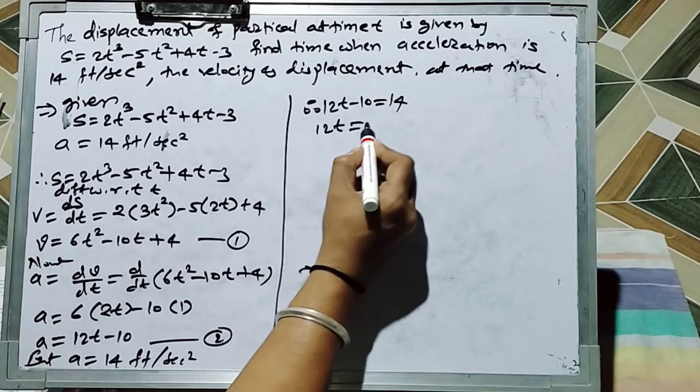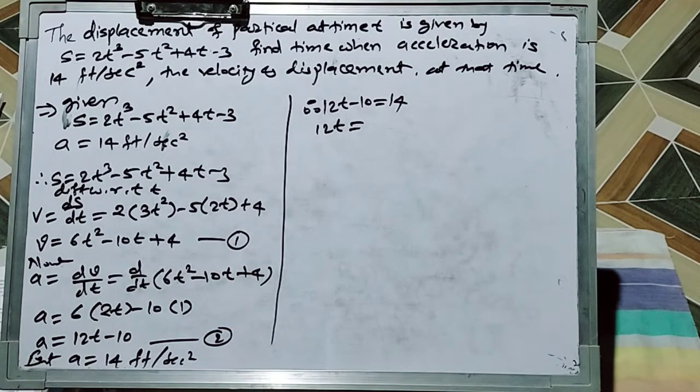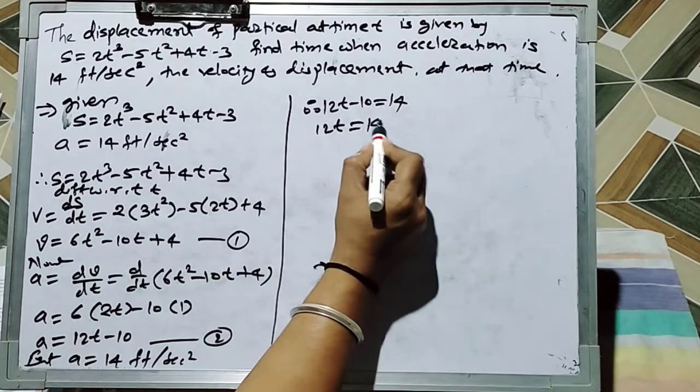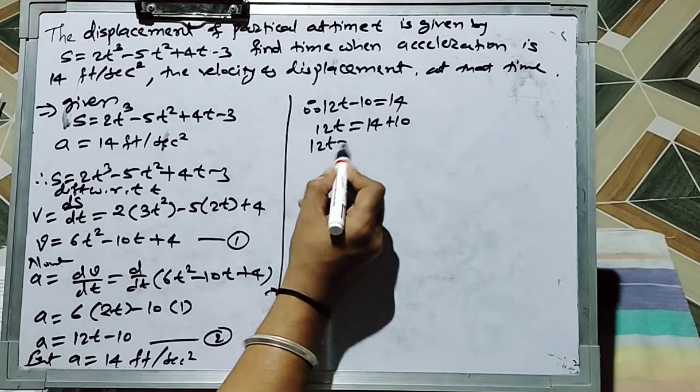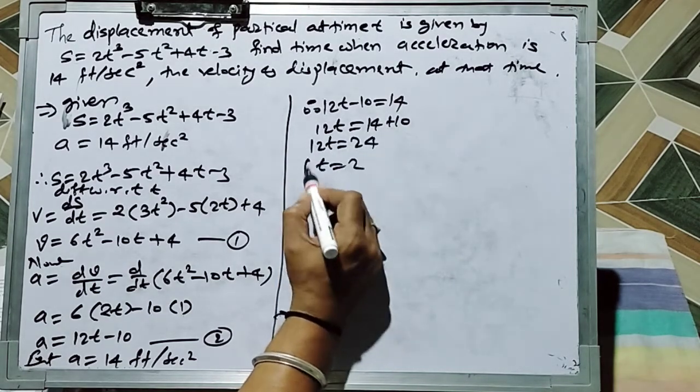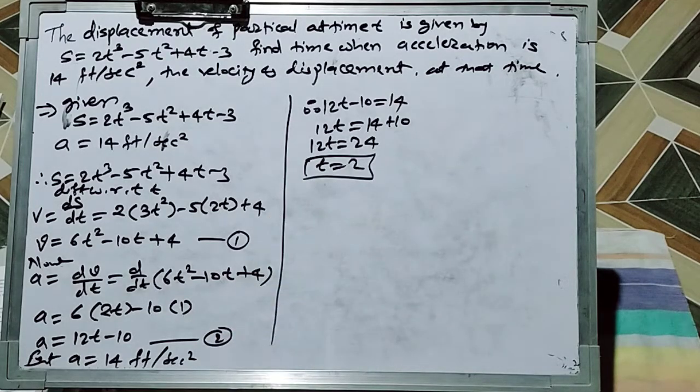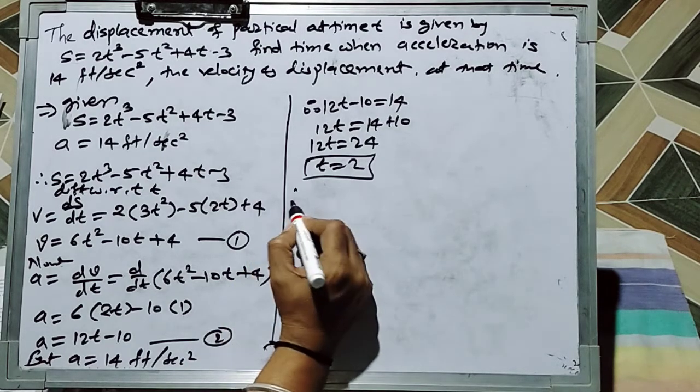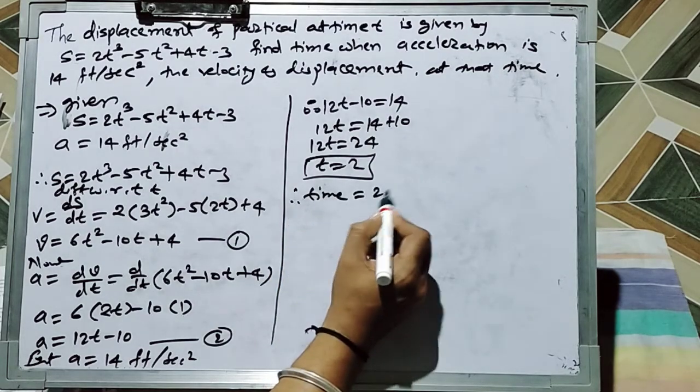It means 12t equals 14 plus 10, so 12t equals 24 and t equals 2. So the time is 2 seconds.